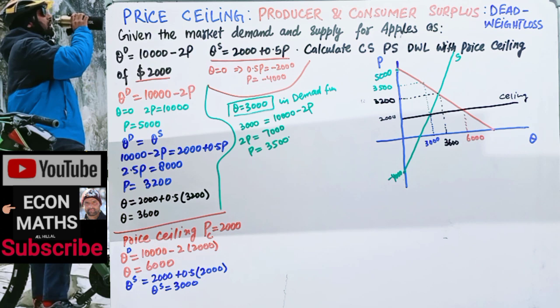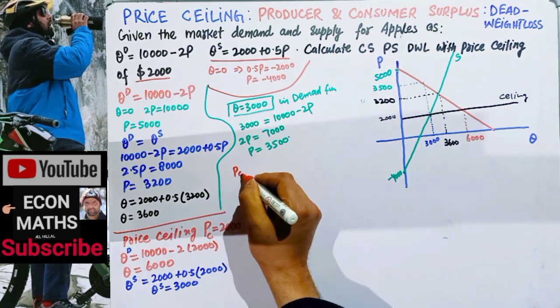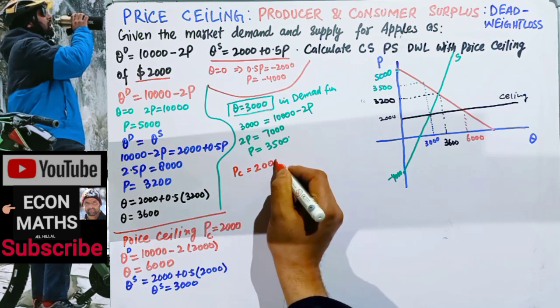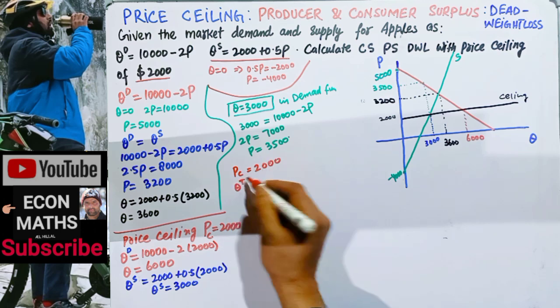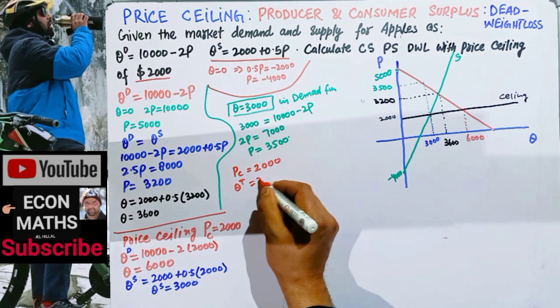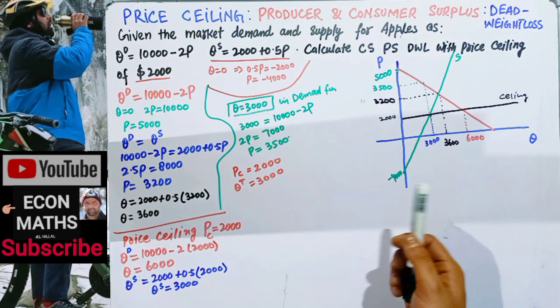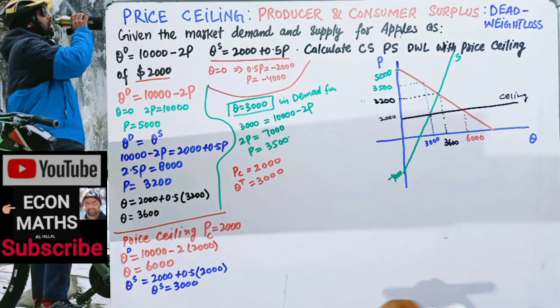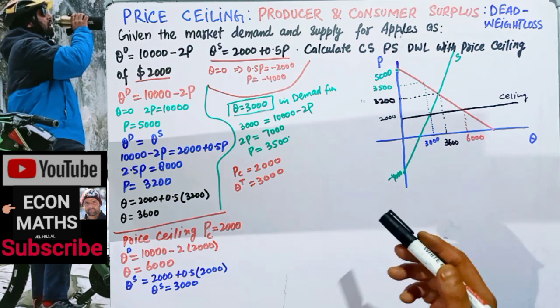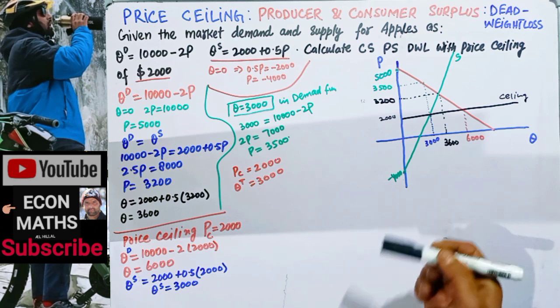Okay, so what has happened with the price ceiling? When the price ceiling is $2,000, quantity transacted in the economy is 3,000. Now we need to calculate the consumer surplus and producer surplus. Consumer surplus, I have explained it a lot of times, is the difference between the price that the consumer is willing to pay and the price he is actually paying in the market.